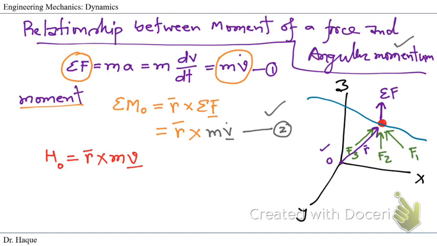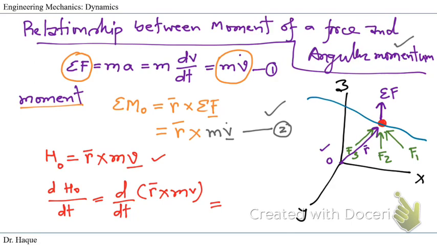Now what we have to do is take the derivative of this angular momentum with respect to time, d over dt of r cross mv.